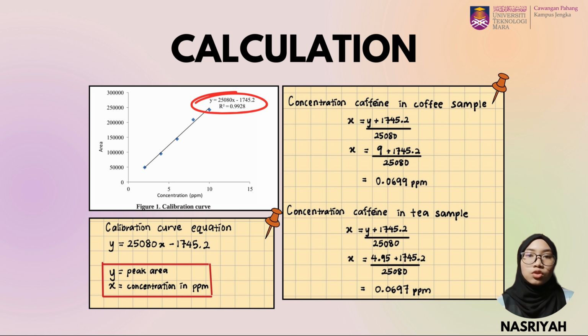So here we want to know the value of x and we should add the value of y in the equation. For caffeine in coffee sample, the result is 0.0699 ppm, while for caffeine in tea sample, the result is 0.0697 ppm. So based on this result, we discover that coffee has slightly higher caffeine content compared to tea sample.